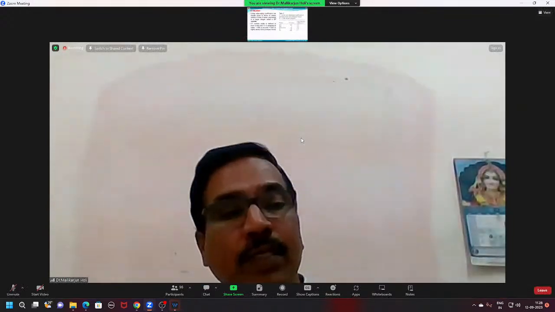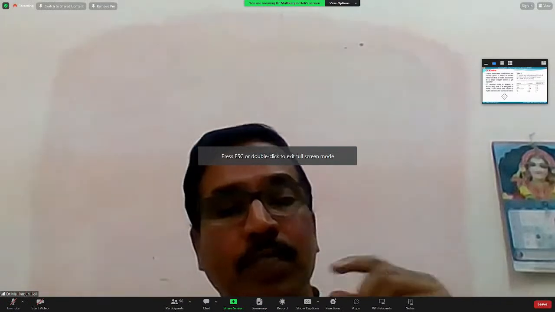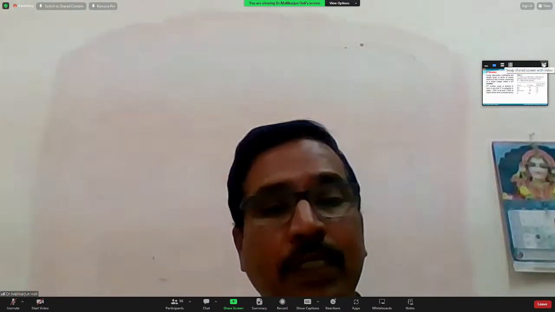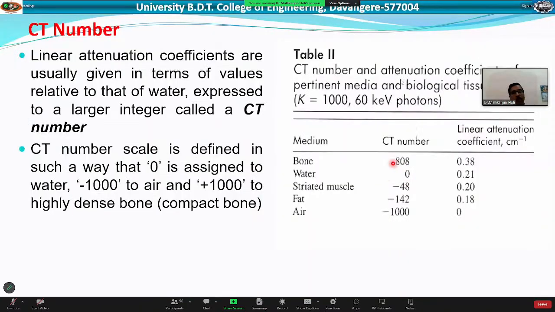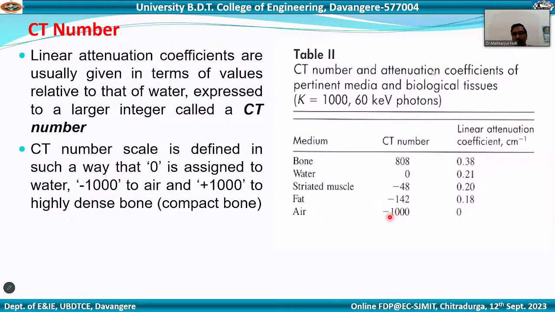Okay. So how is the CT number provided? The CT number is provided with reference to water, which is considered as the reference. So the water CT number is given as 0, and for air, the object which does not attenuate at all, the CT number is given as -1000.